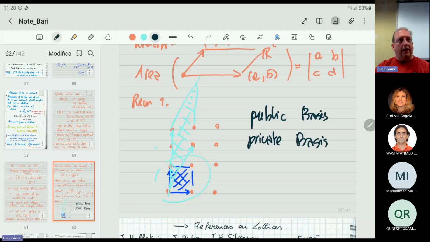So this is what we have. The private basis tells you what the points of the lattice are. So if you want to pick a point at random of your lattice, you just pick up the private basis, let's call it P. You compute P times X, where X is a vector containing integers, and you end up with a point, let's call it lambda, belonging to our lattice.